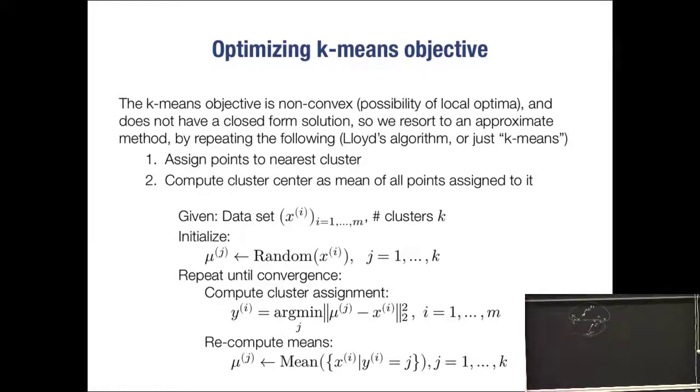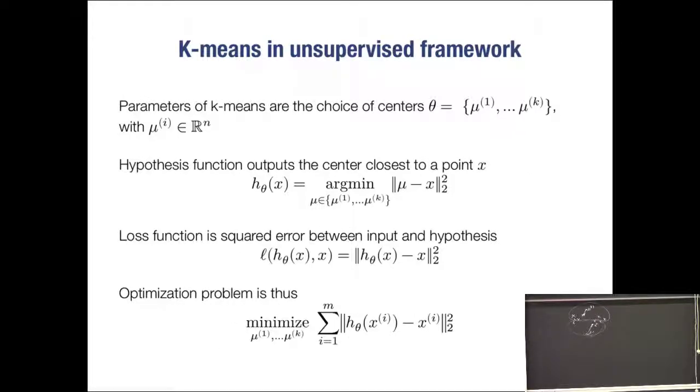And what that is actually doing is taking steps in this optimization objective. Right? So we are computing essentially for each point which cluster it was assigned to, the minimum. And then saying, now assume that those assignments are fixed. How would I adjust those means to best minimize this function?